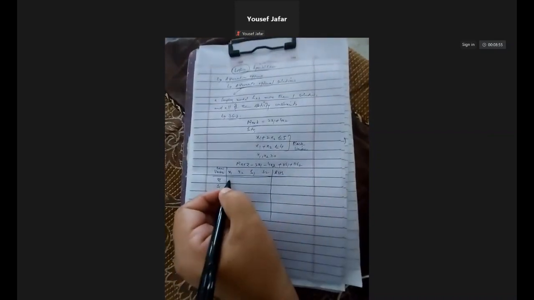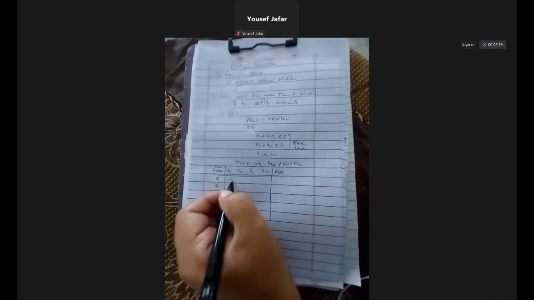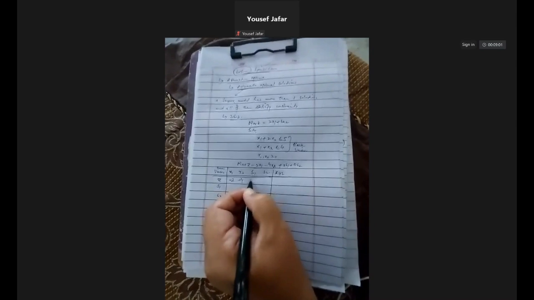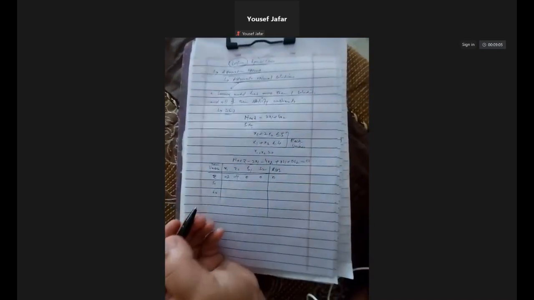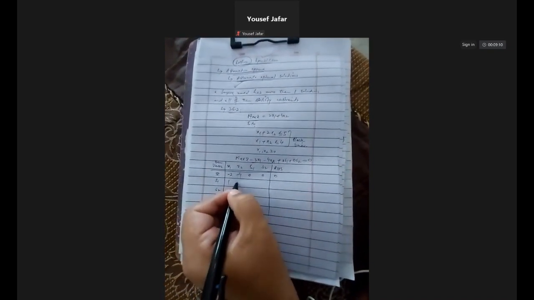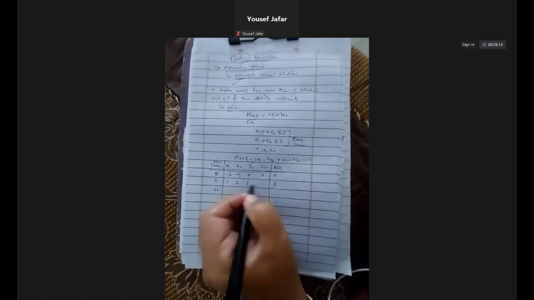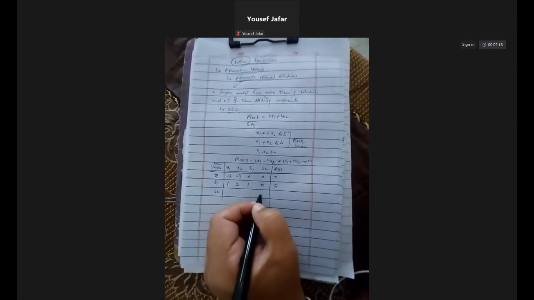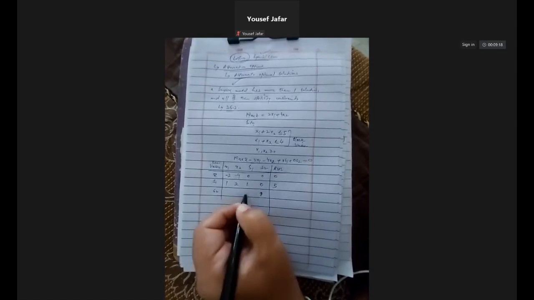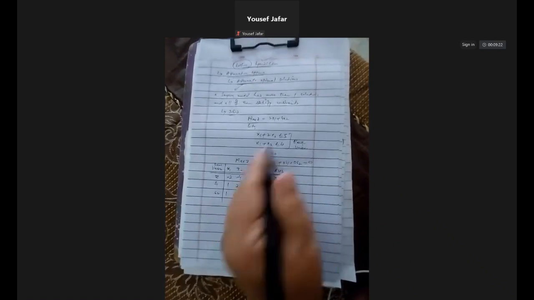In the objective function we have minus 2 for x1, minus 4, 0 and 0, and the right hand side is also 0. For s1, the coefficient of x1 is 1, x2 is 2, right hand side is 5, s1 is 1 and s2 is 0. For s2, x1 is 1, x2 is 1, s1 is 0 and s2 is 1, while the right hand side is 4.